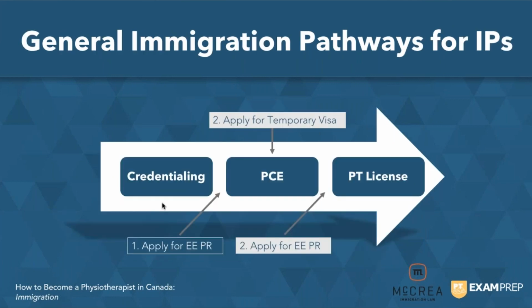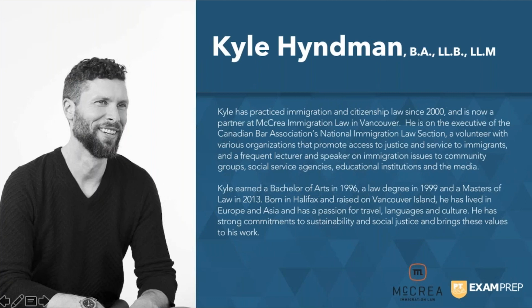All right, so a little bit about the general pathway that we see. Based on our experience, we generally see international physios apply for permanent residency at 2 points in this process. One, which you can see here, is when they find out that they're eligible to attempt the written PCE. Those of you who don't know, you need to pass a written and practical competency exam to be a licensed physio in Canada. And that goes for anyone, even if you're Canadian trained.